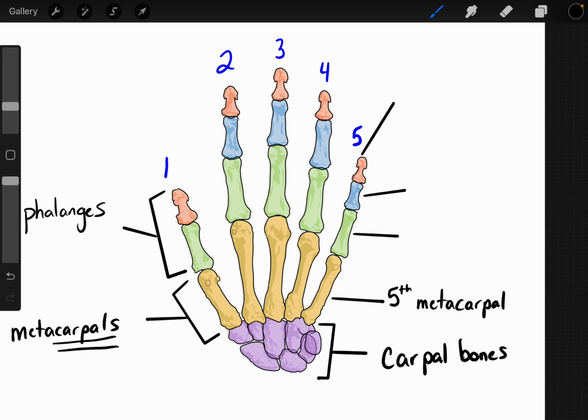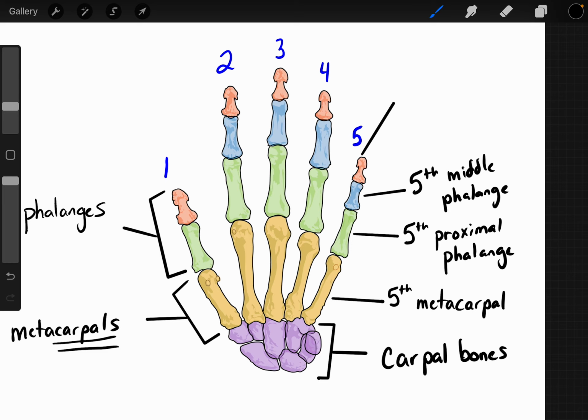The green one is going to be the 5th proximal phalange. The next one is going to be the 5th middle phalange. And then the tip of the pinky finger is going to be the 5th distal phalange.